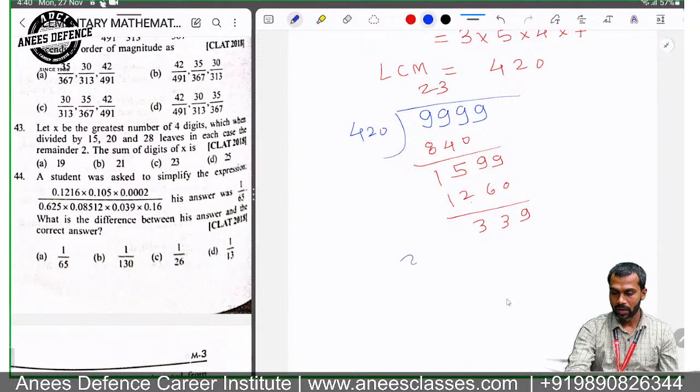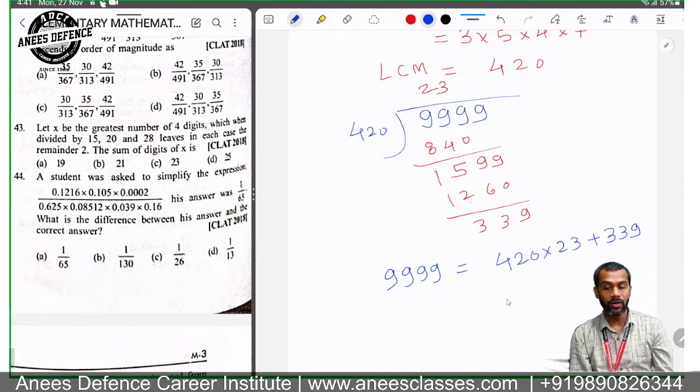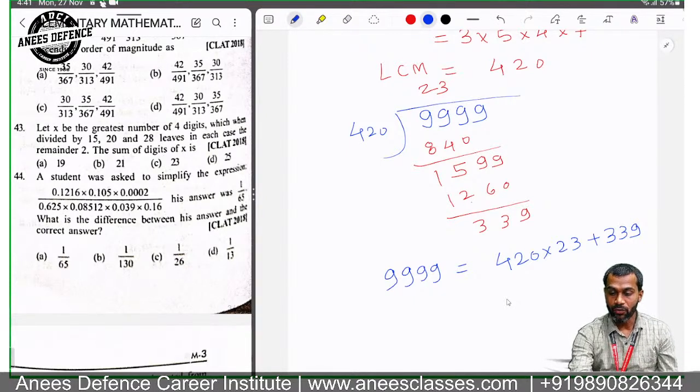So can I write 9999 is equal to 420 into 23 plus 339. But we don't want remainder 339. What we want is 2. So we need the remainder 2.